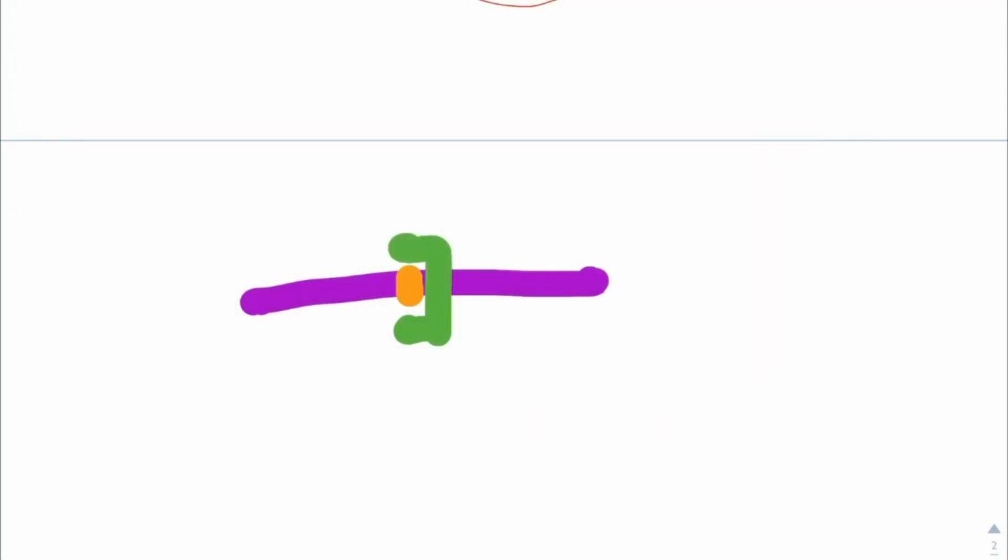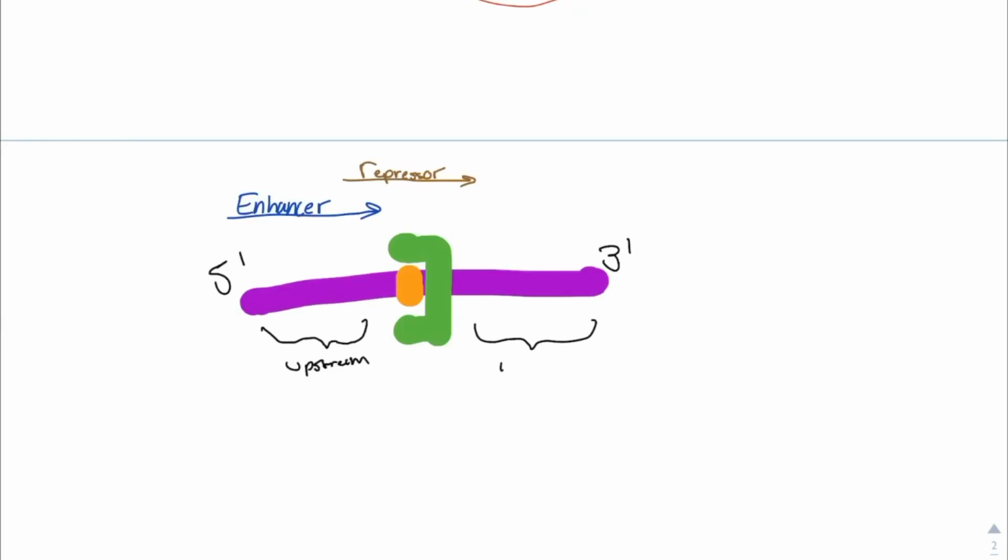Let's put another color. This will be your enhancer region, your repressor region. Now, enhancers and repressors normally bind around the promoter region, which is where RNA polymerase 2 is.